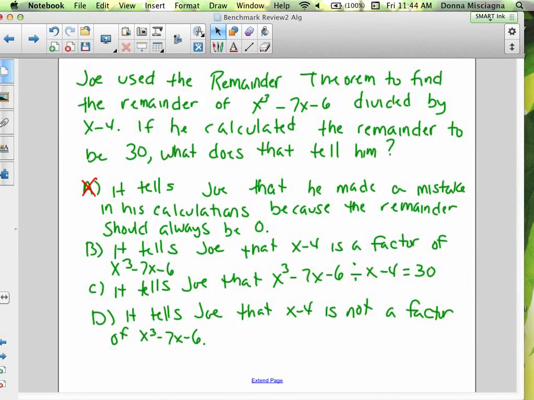It tells Joe that x minus 4 is a factor of x cubed minus 7x minus 6. Well, no, because if it were a factor, the remainder would be 0.